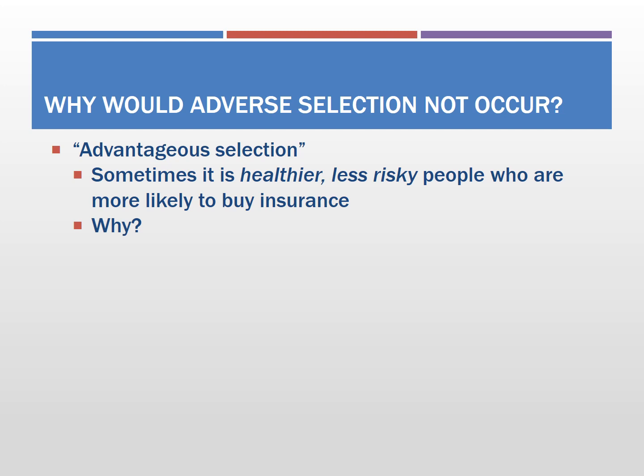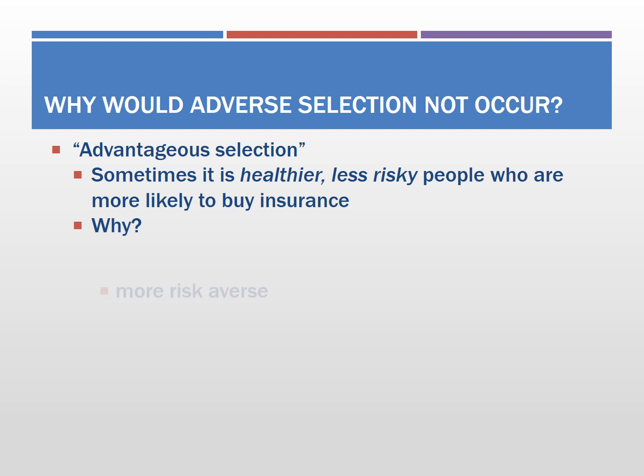If other considerations, like risk aversion, offset this selection mechanism, then the selection is no longer adverse. It might even be advantageous selection if the healthier people are the ones who disproportionately purchase the insurance. But why?